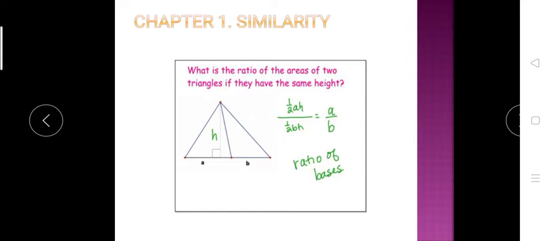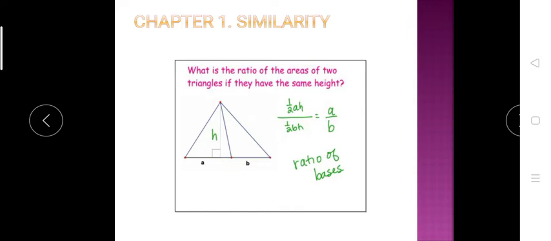Now look towards this first example. All of you know the formula to find out the area of a triangle. What is the formula? The formula is 1 by 2 into height into base of that triangle.